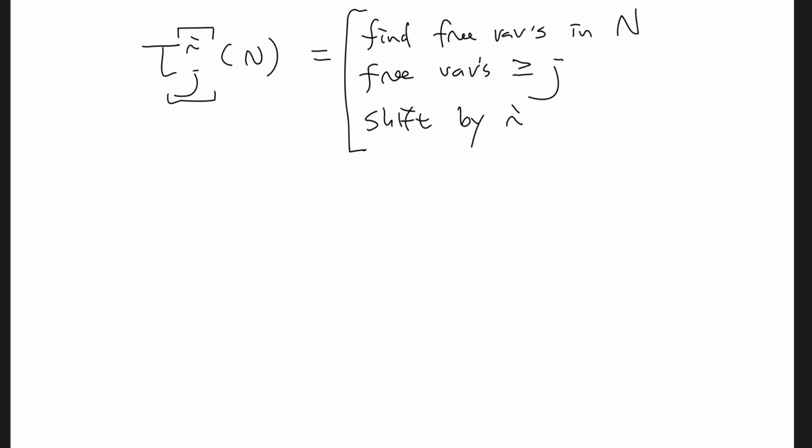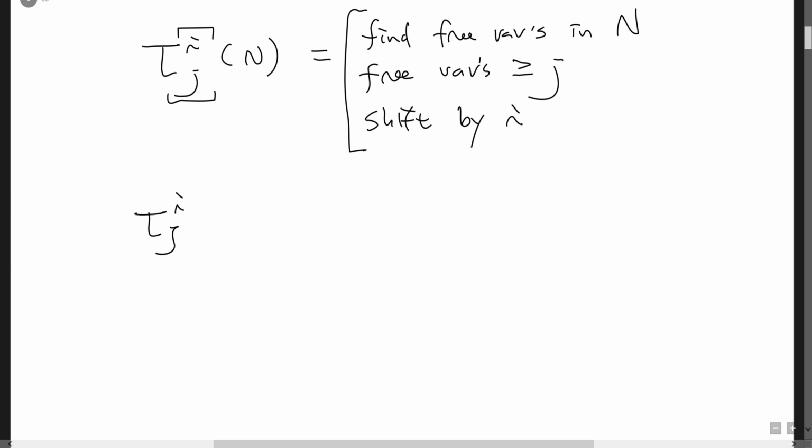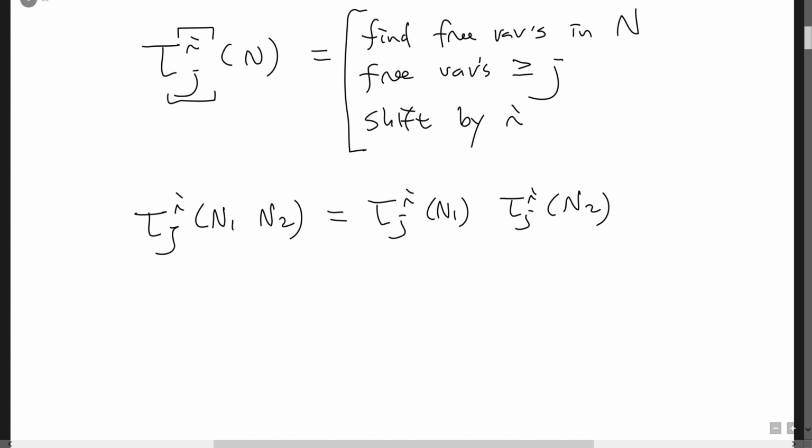Then let's derive the equations for this shifting function. This is the easy case: tau j I of t1 t2, and we just propagate, so we get tau j I of t1 applied to tau j I of t2. Now what about this lambda abstraction? The meaning is that free variables in this expression should have indexes greater than or equal to j.